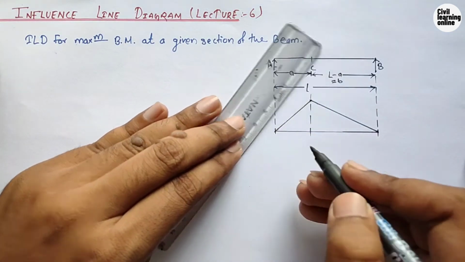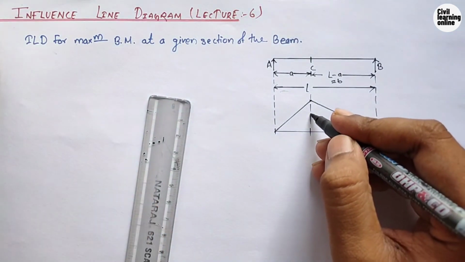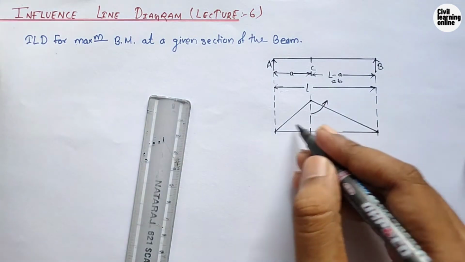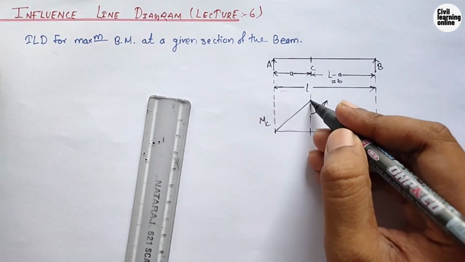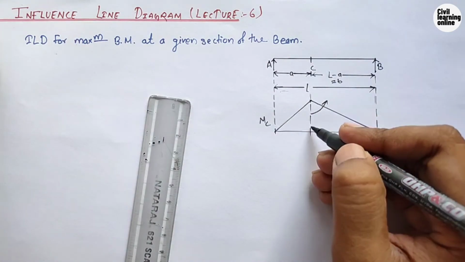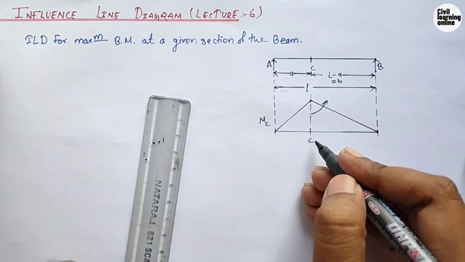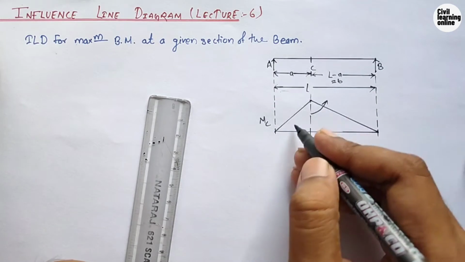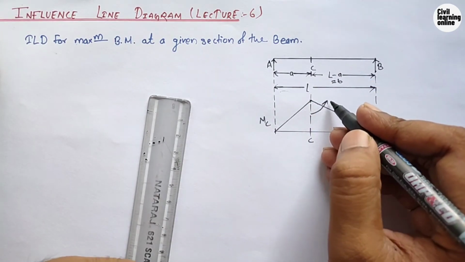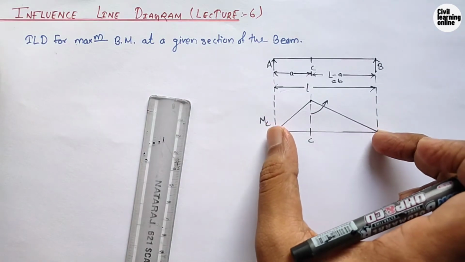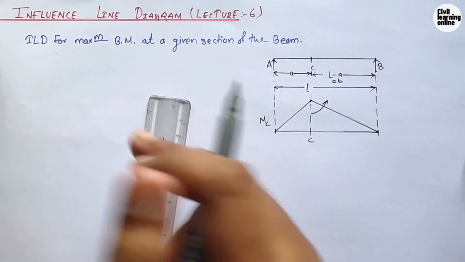Now guys, after this we need to know the height of this influence line diagram. This is the influence line diagram for the moment at C, and if we know the height of this influence line diagram under the point C, then we will come to know the influence line diagram for calculating the maximum bending moment.